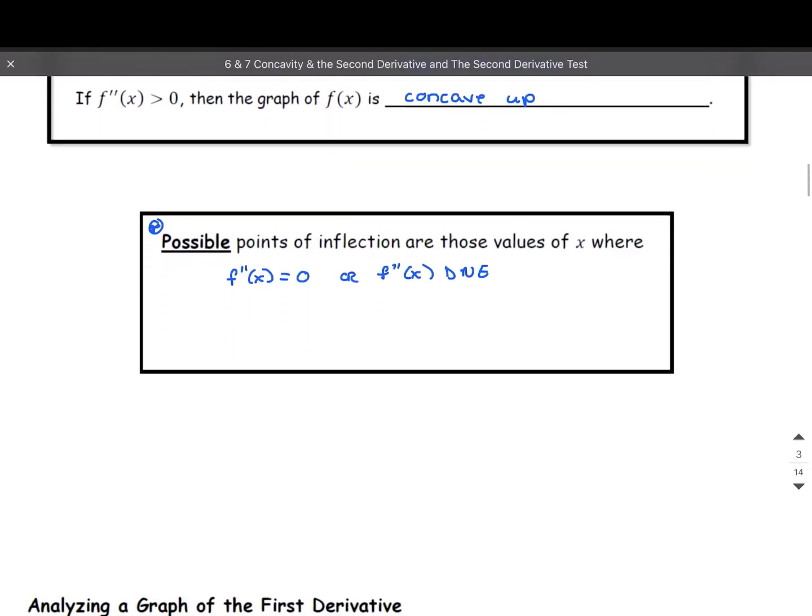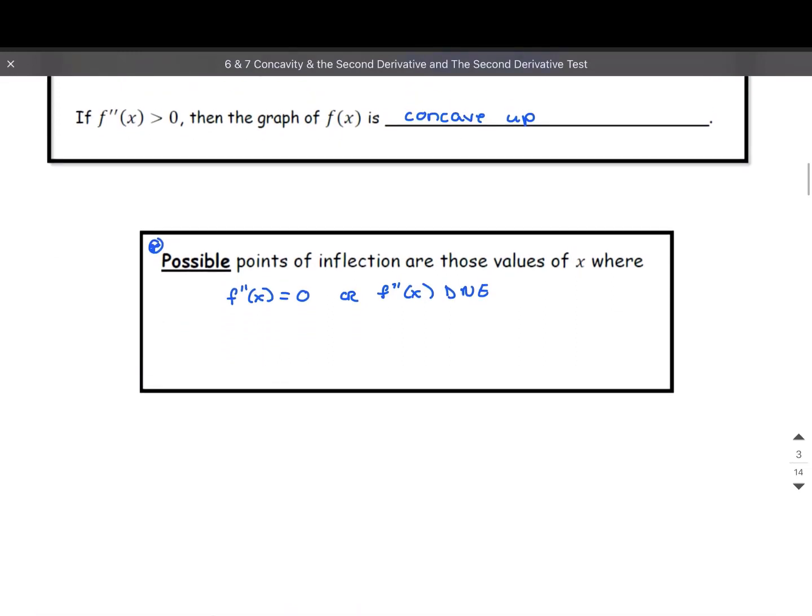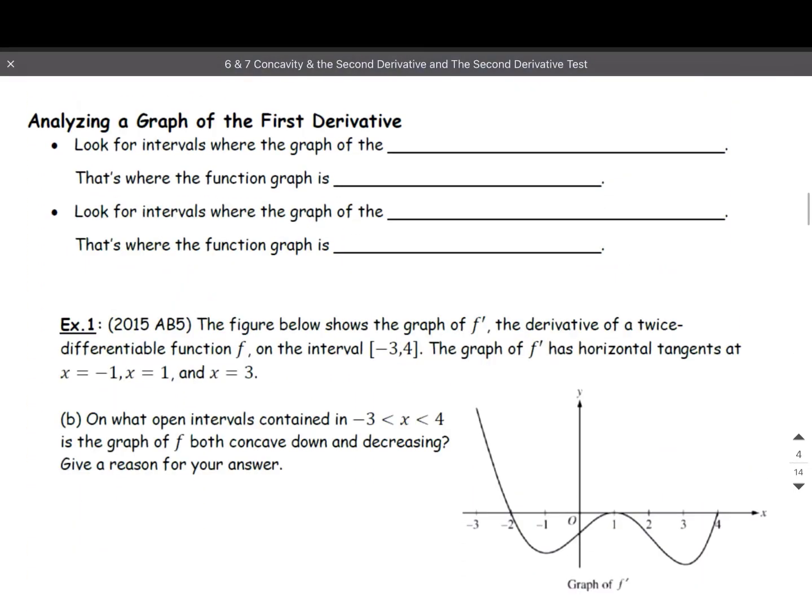Now remember, I said it's only possible points because a point of inflection is where the concavity changes, and concavity only changes if the second derivative changes sign. So you only have a point of inflection if the second derivative equals 0 or doesn't exist, and the second derivative changes sign.